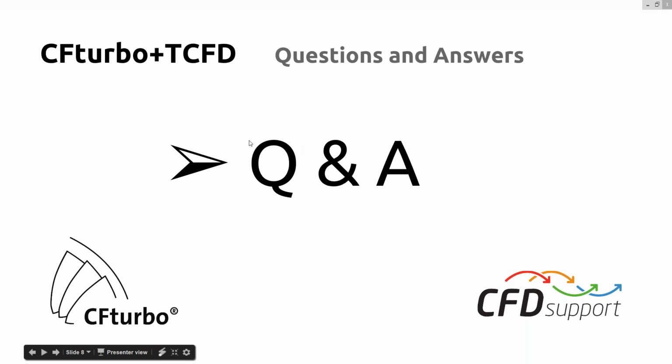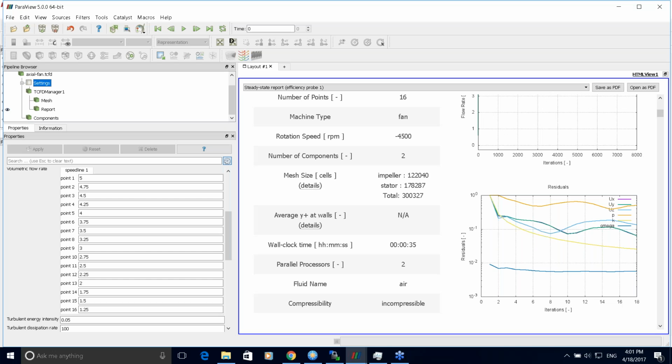Well, so I can find it. I will go, for example, here to the settings menu, inlet. Okay, so from the CFturbo export, you get the design point. So now you can see my screen.